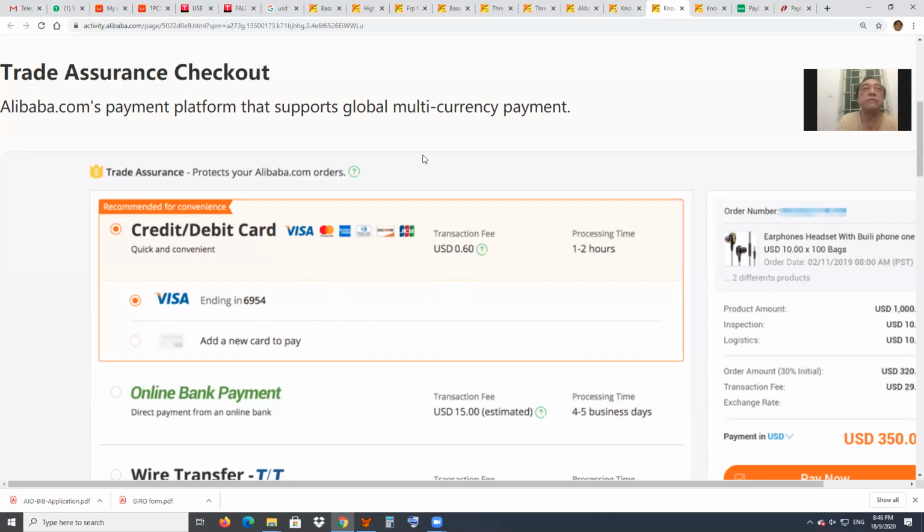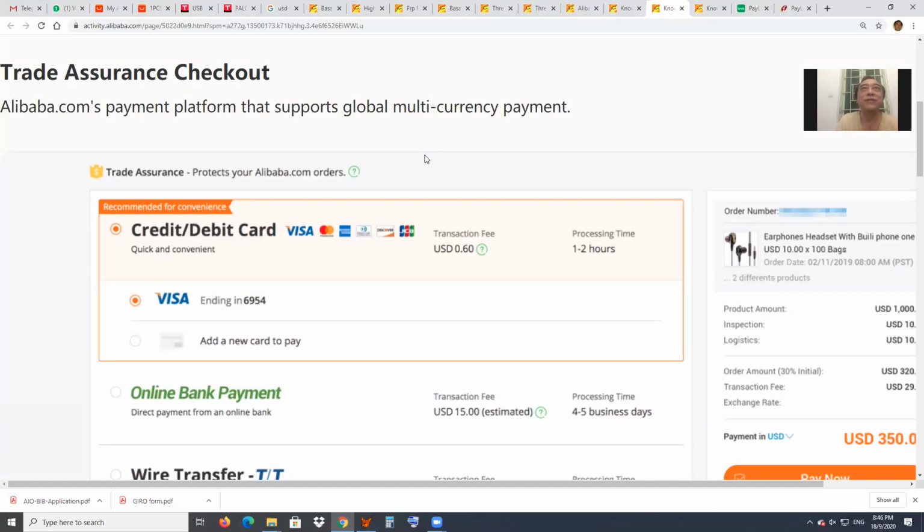When you pay them in US dollar, your credit card is in Sing dollar. The credit card company will charge you in Sing dollar, but they will convert in US dollar, and it's normally very high.